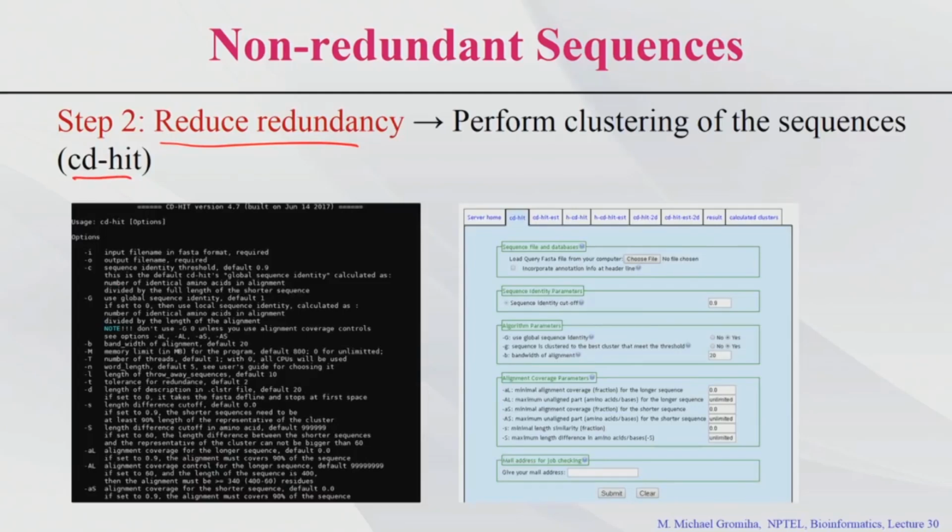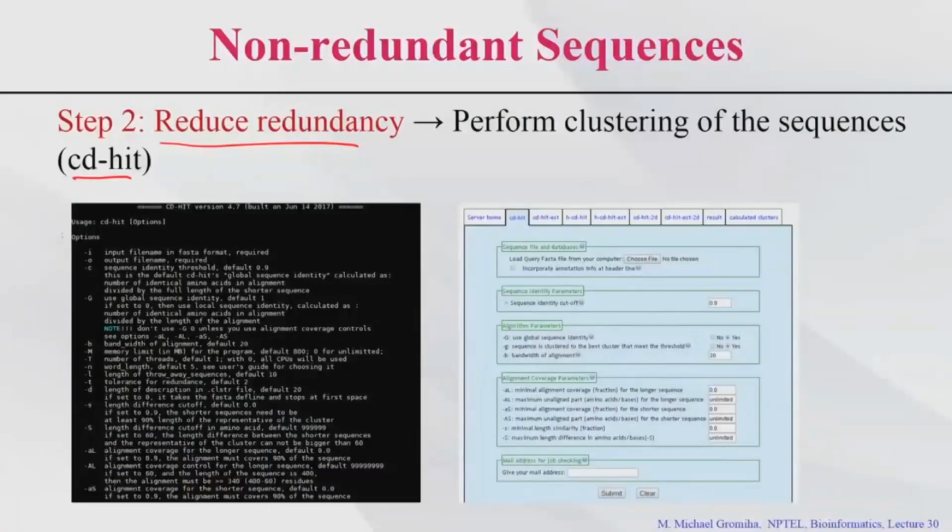We also discussed the command we have to give in CD-HIT to get the non-redundant sequences. You can specify the word size and the redundancy, then give the input and output files. These are the various options available in CD-HIT.